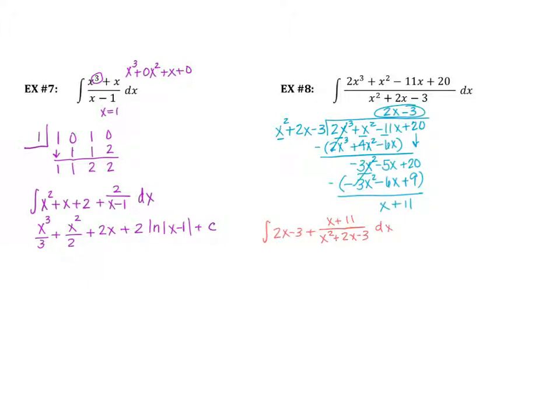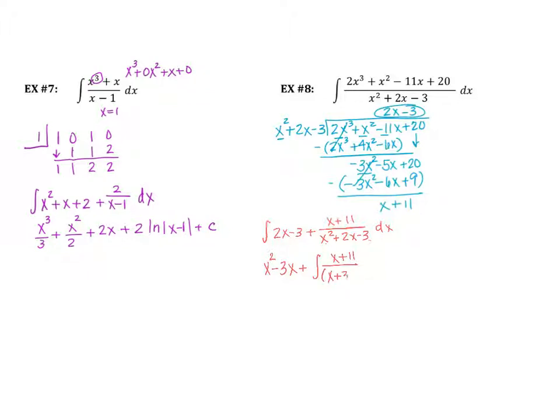Now, the first two things here are going to be pretty easy to integrate. If I integrate 2x, that's going to become x squared minus 3x. But look at this. We still have the integral of x plus 11 over, oh dear, it looks like we're going to have to factor this.